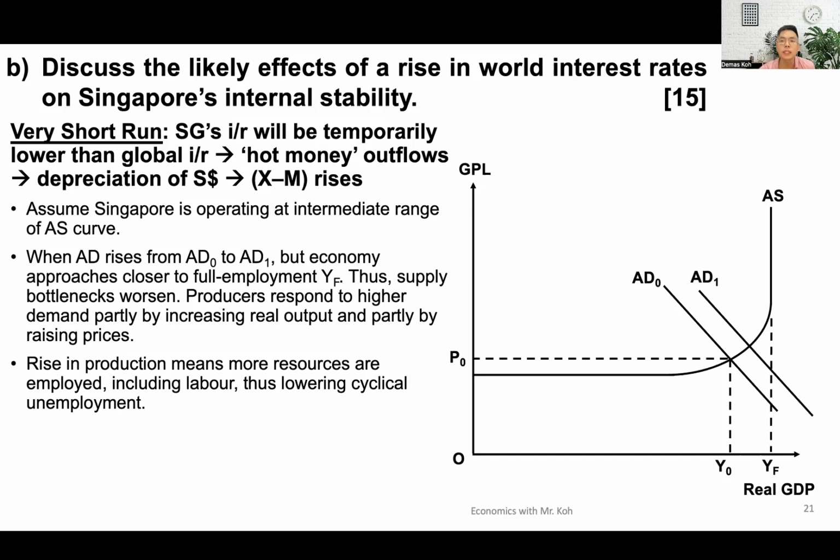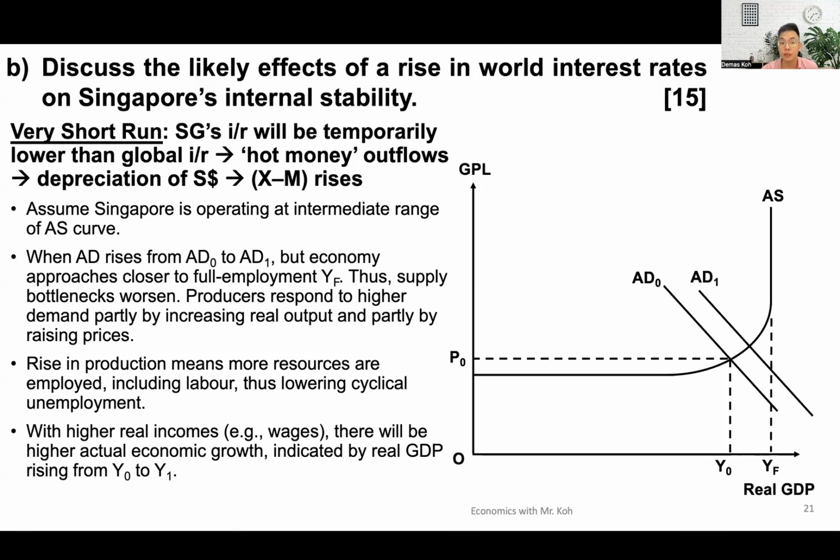Now, what I'm doing here is depth development. So I'm trying to explain the impact on Singapore's internal stability with greater depth using more detailed, so to speak, economic elaboration.